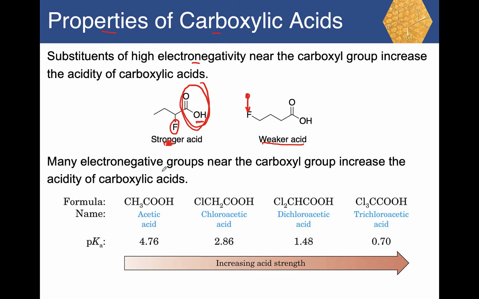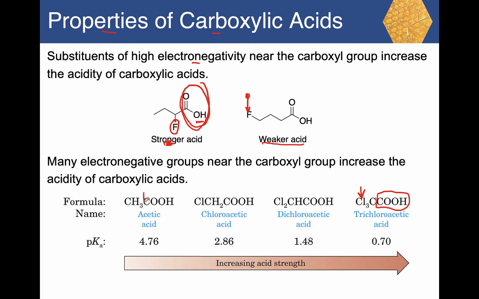Similarly, if we have a lot of electronegative groups bonded close to the carboxylic acid end, it's a strong acid. So let's look at this one, trichloroacetic acid. Here's the acetic acid functionality, or the carboxylic acid functionality. Here are 3 chlorines bonded to the next carbon. That makes it a strong acid.